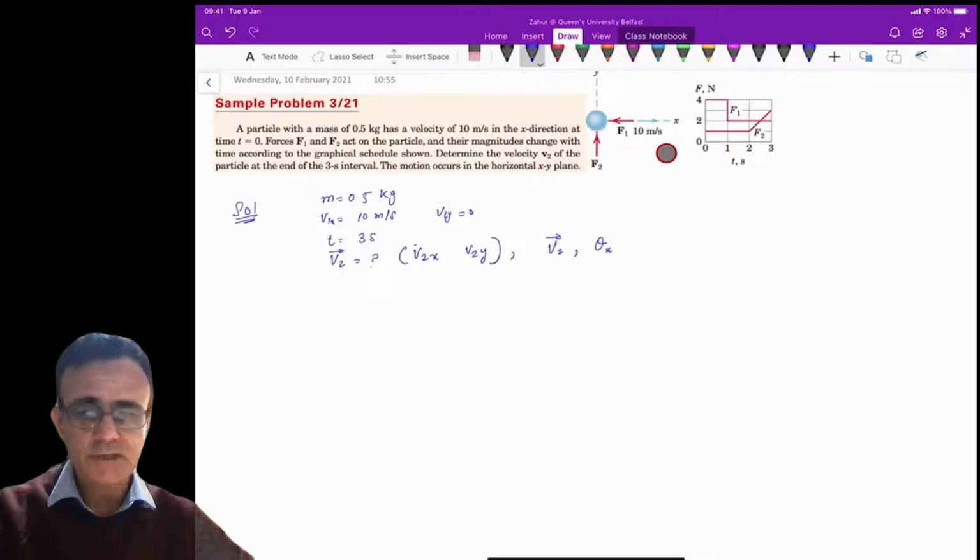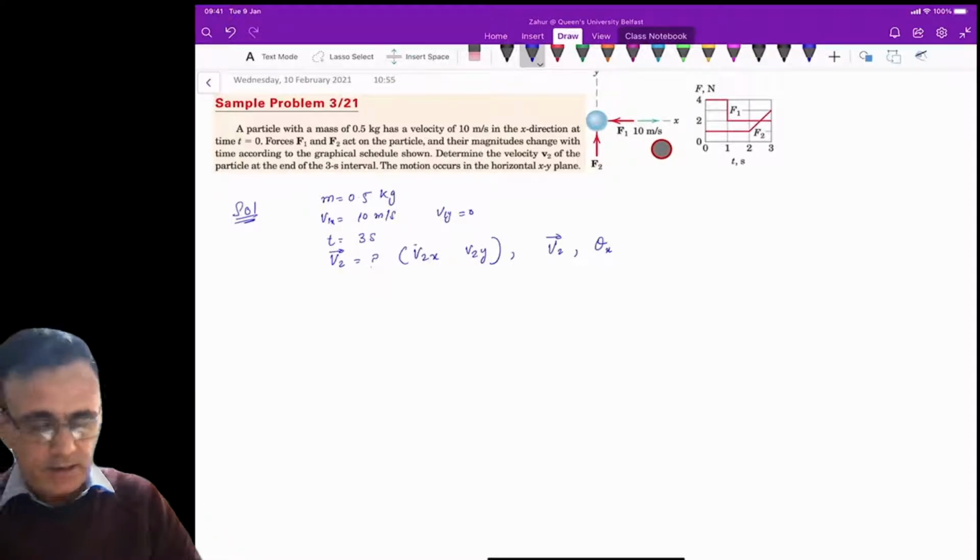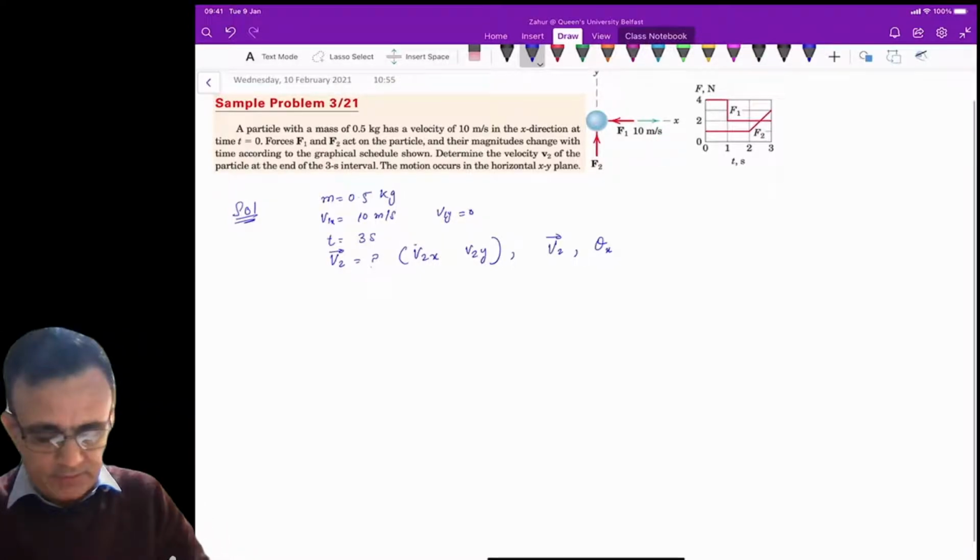So as we discussed earlier, in this specific case, it's always straightforward to use the impulse momentum principle. So we will start with the impulse.